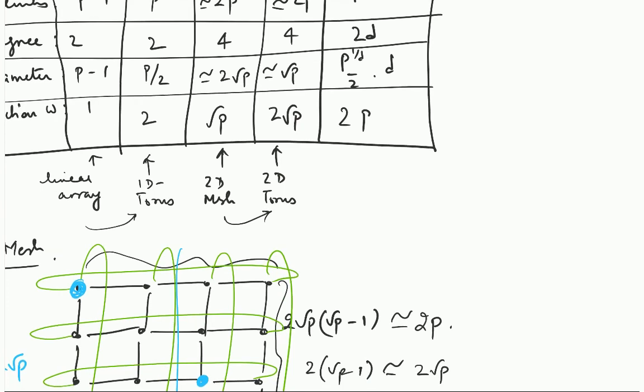Yeah, so I can write it as 2p to the power d minus 1 by d, or 1 minus 1 by d, whatever.